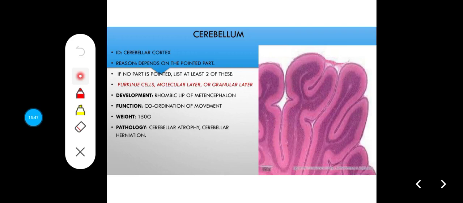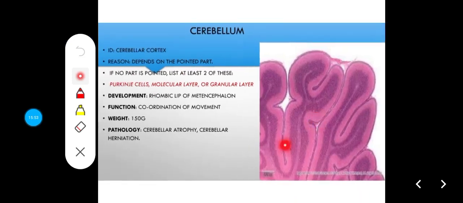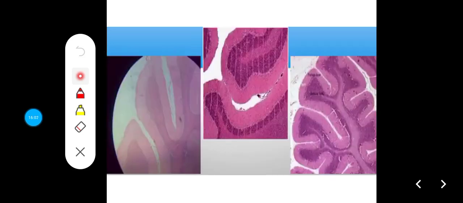Now, when you are faced with the slide of the cerebellum, it's quite easy to identify in that it looks like trees. Look at these things, they look like trees. Let's look at other slides and see this one too.